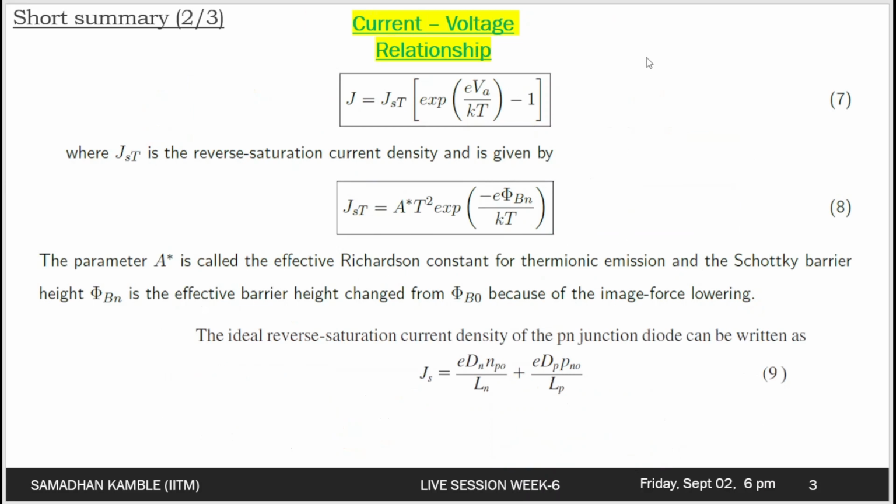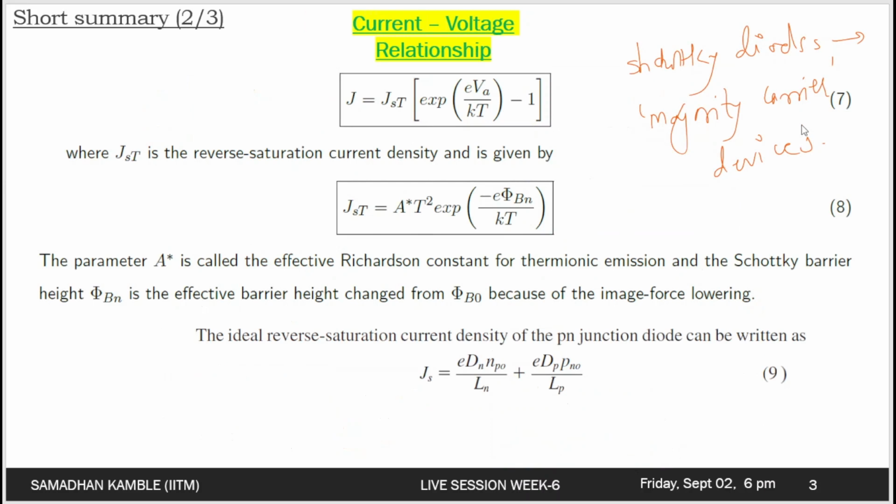So as we know, the Schottky diodes are majority carrier devices. As I said, the current transport in metal semiconductor junctions is mainly due to majority carriers, in contrast to the minority carriers in the PN junction.